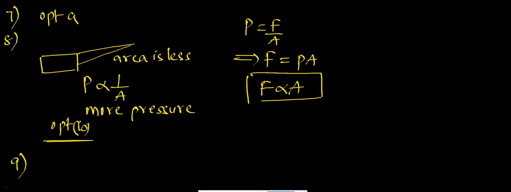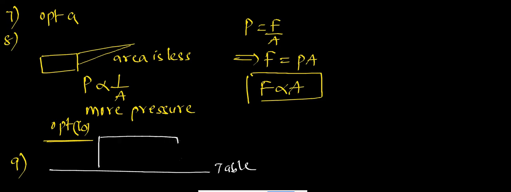Now go through the next question, ninth question. A rectangular iron block is kept over a table with different faces touching the table in different cases. The block exerts. Now this is the table. So this is the rectangular block. It is having how many sides? Four sides, right? First side, second side, third side, fourth side.